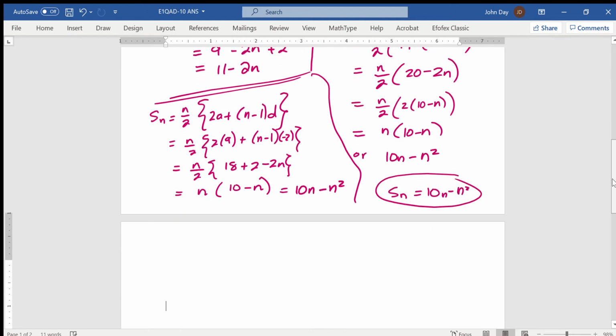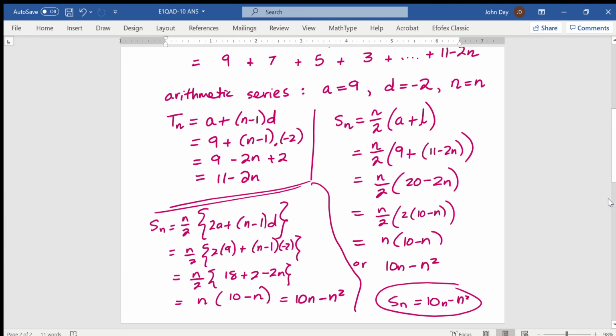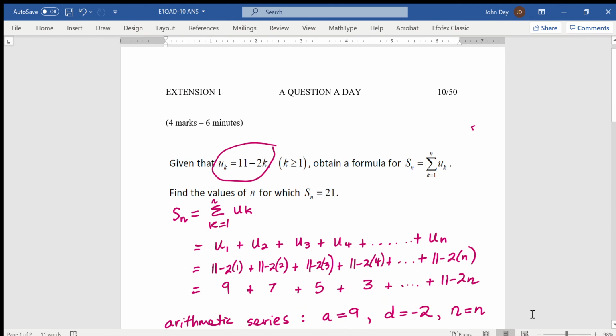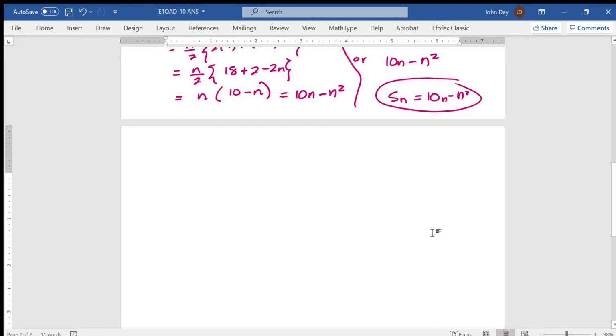So we've got ourselves a formula for that sum, and now find the values for which it equals 21. So in other words, when does 10n minus n squared equal 21? Or minus n squared plus 10n minus 21 equals 0? I'm going to just times by minus 1.